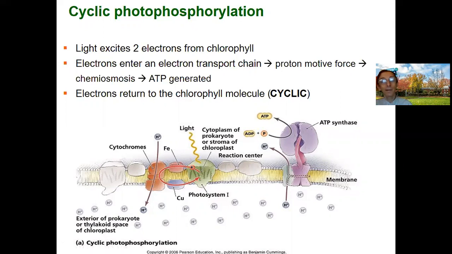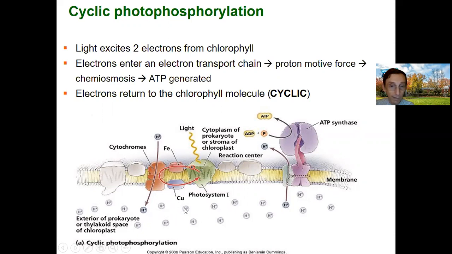As the electron is moving in this protein here, it gives the protein the energy it needs to pump hydrogen ions from this side of the membrane to that side of the membrane. This hydrogen ion gradient is a twofold gradient. There's more plus charges here than here, there's more hydrogen here than here.